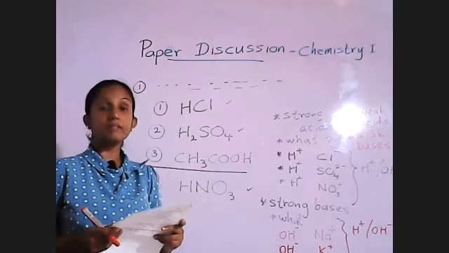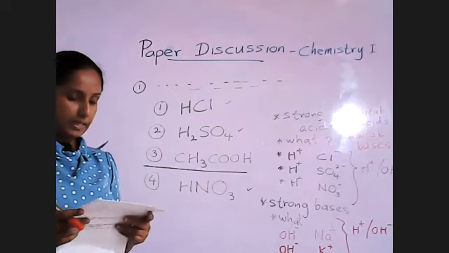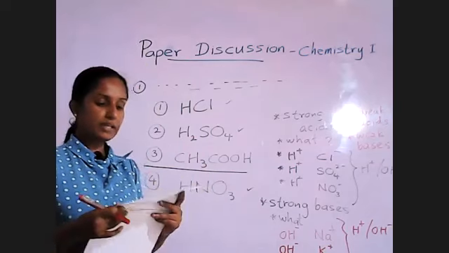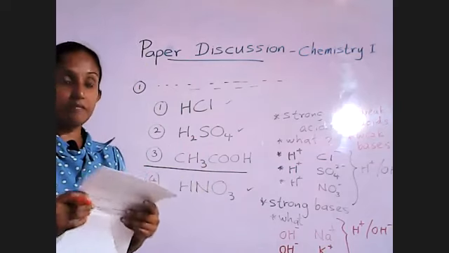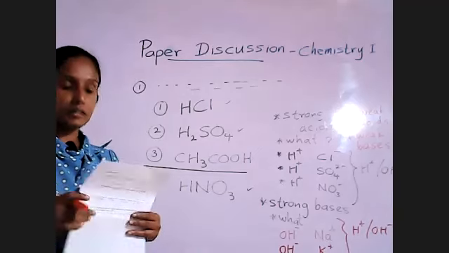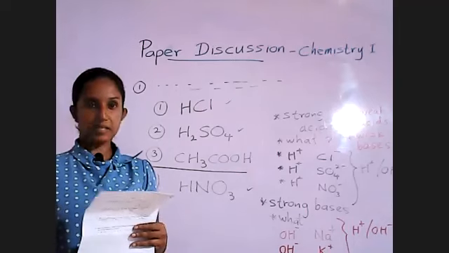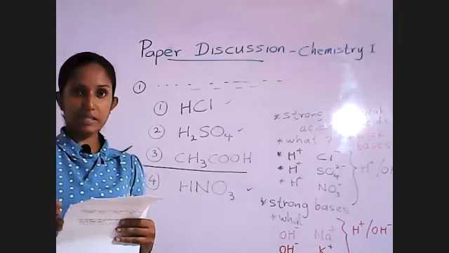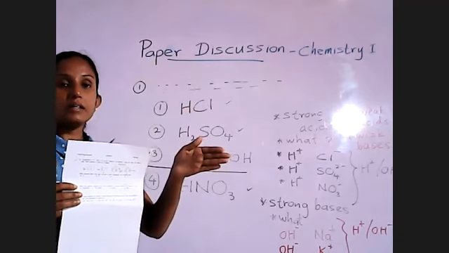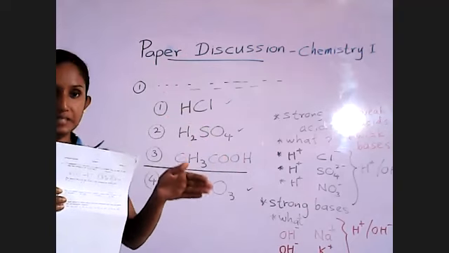The acid that we use for coagulation of rubber latex. Then look at the third one. Which of the following is an amphoteric oxide? What do you mean by amphoteric? They have both acidic properties and basic properties. Sodium oxide is the oxide from an element of the first group, so it has basic properties.